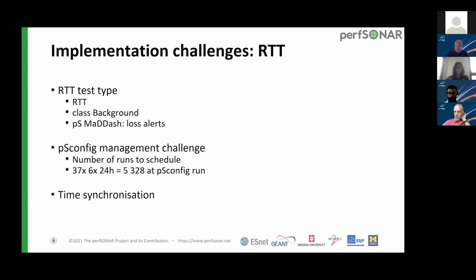So this is something for the conclusions page that I'm going to come with. Of course, with RTT measurements there is no time synchronization problem, and therefore they appear so stable on the dashboard.